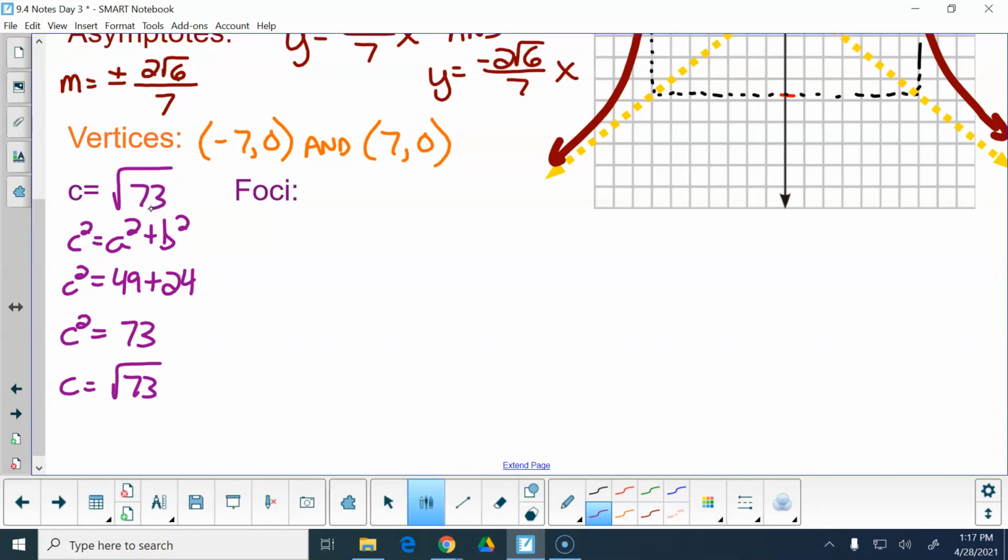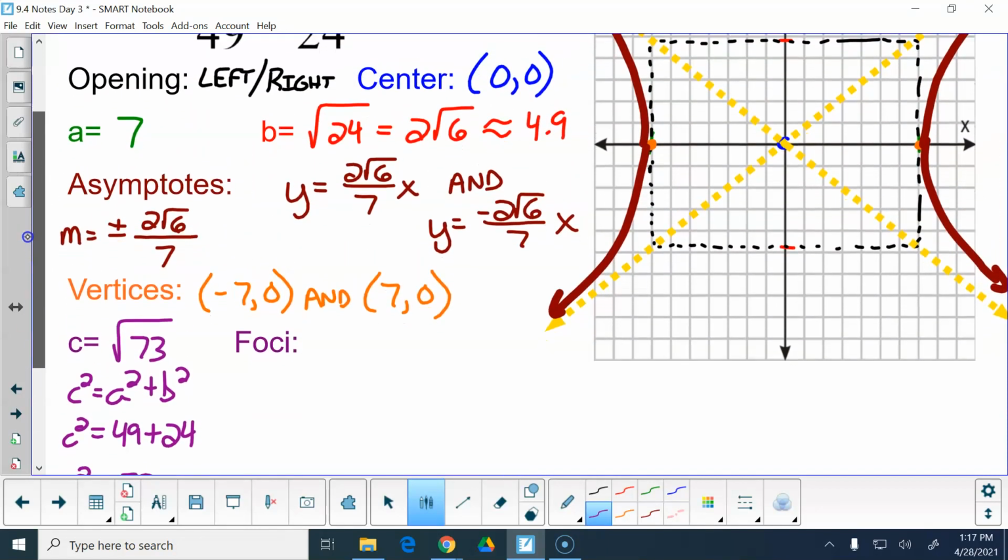Okay. So we got the square root of 73 there. Since it is a left and right opening hyperbola, that means we're going to add and subtract c from the x part of our center.